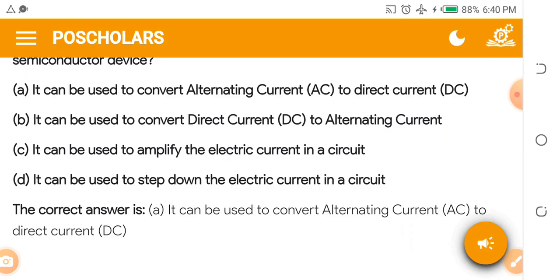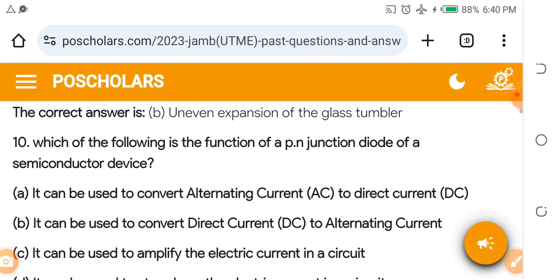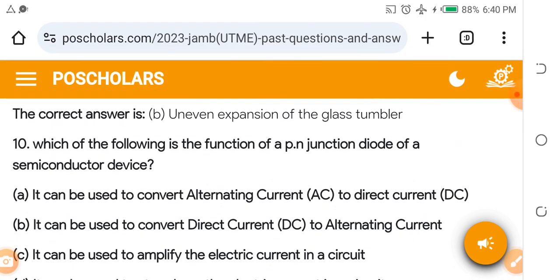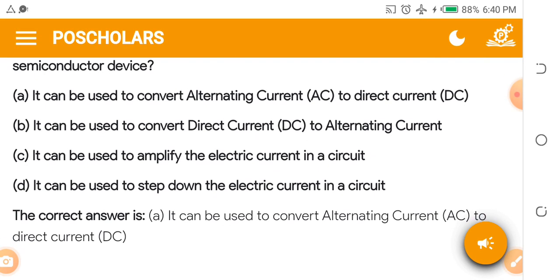B, it can be used to convert DC to AC. C, it can be used to amplify the electrical current in a circuit. D, it can be used to step down the electrical current in a circuit. The answer is A. A PN junction diode in a semiconductor device can be used to convert alternating current to direct current.